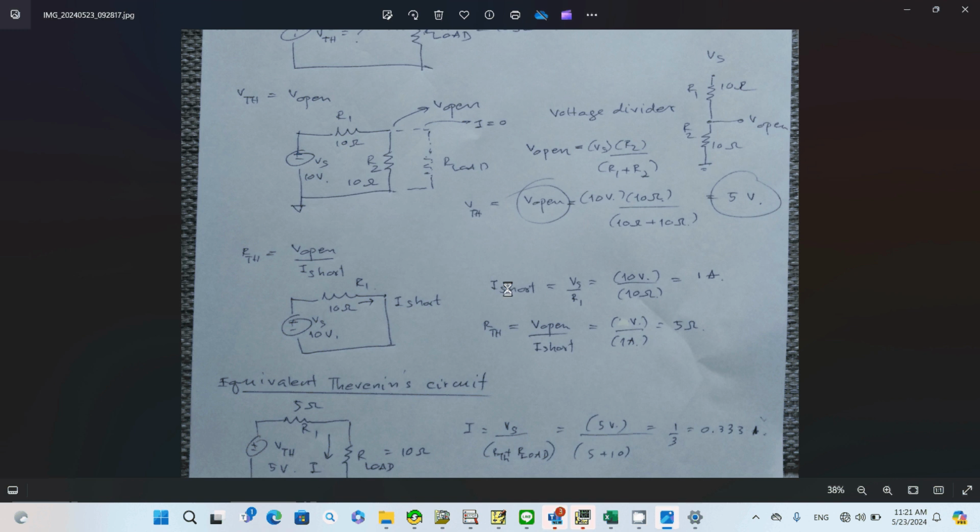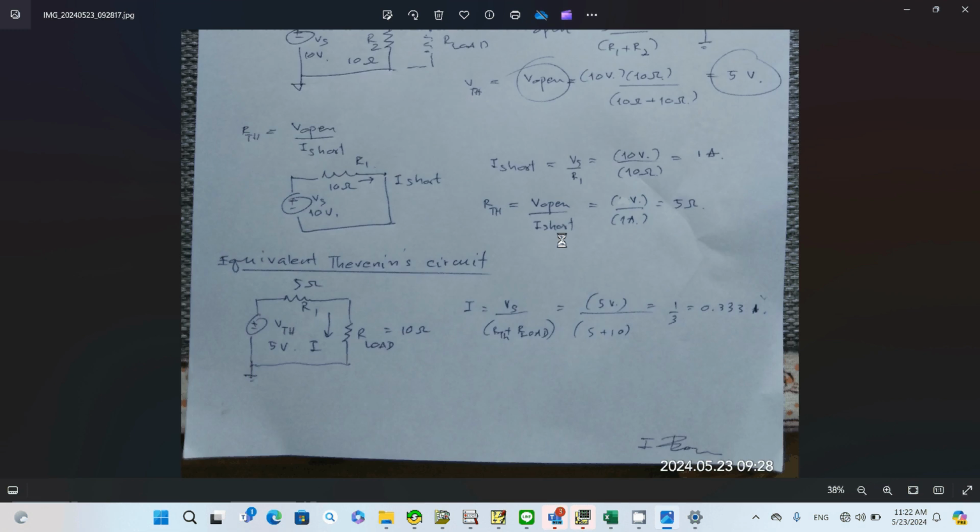Just apply Ohm's law. I short simply equals Vs over R1. That's 10 over 10, that's 1 amp. So your RTH equals V open over I short. This is 5 volts divided by 1 amp. That gives you 5 ohms.